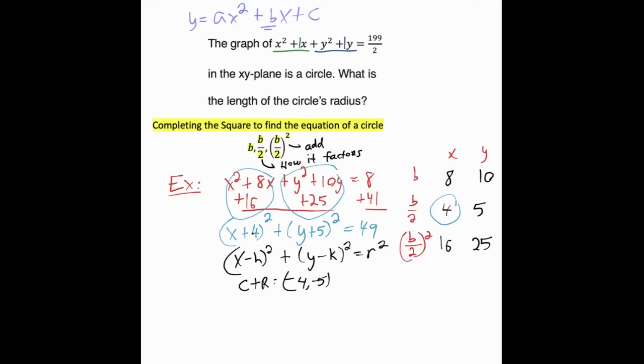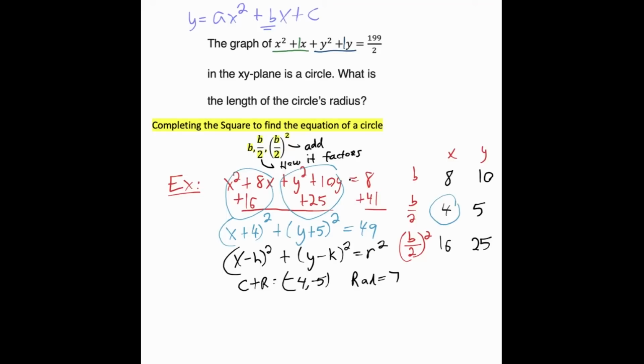If we see positive, it actually means a negative number was plugged in to make it a double negative, which would look positive. And the radius is going to be 7, because this number here is your r squared. So you can use the b over 2 squared in order to convert an unconverted equation of a circle into the format that we can use to get the center and the radius.